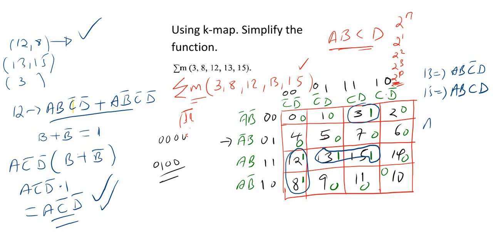So we have AB, not C, D. We add A, B, C, D.